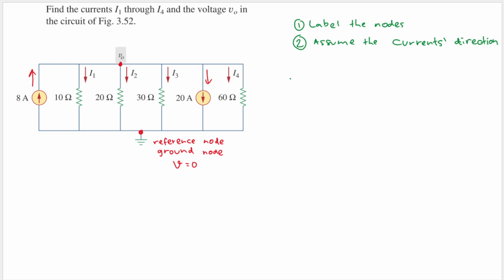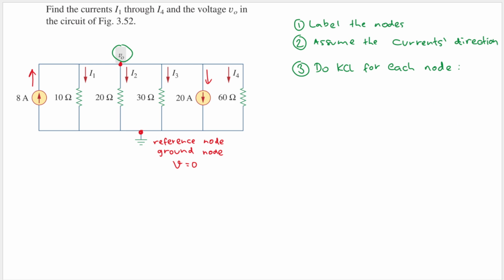And then what else can we do? We can do KCL, the Kirchhoff current law, for each node. However, in this case we only have one node, which is V0. So we only need to do KCL at V0.